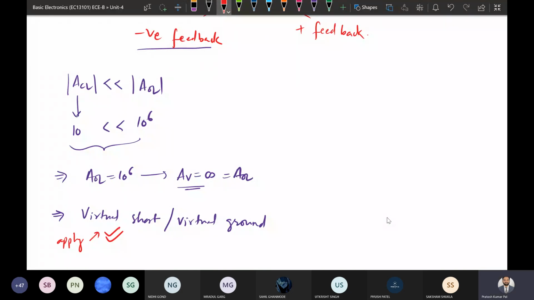This concept will be a valid point. So while analyzing the circuit, if this condition meets, we will be able to use the virtual ground or virtual short concept.